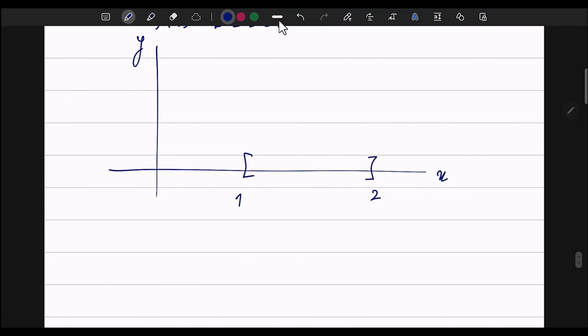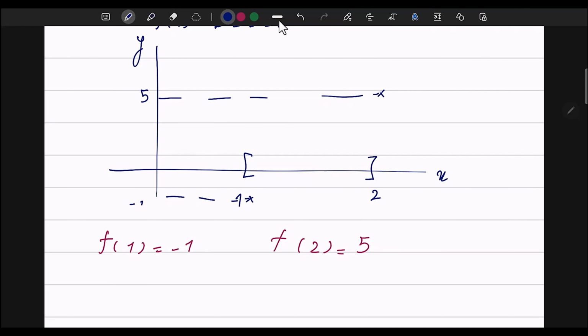So you look at f of 1. If you calculate f of 1, that would be minus 1. And you also look at f of 2, which is 5. And you basically see that at 2 we have a positive value, but at 1 we have a negative value. So this is minus 1 and this is 5. So there has to be at least one root in this interval.